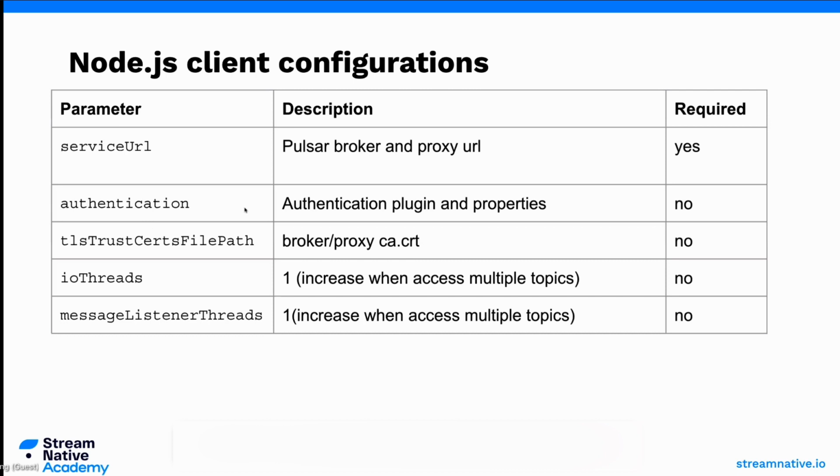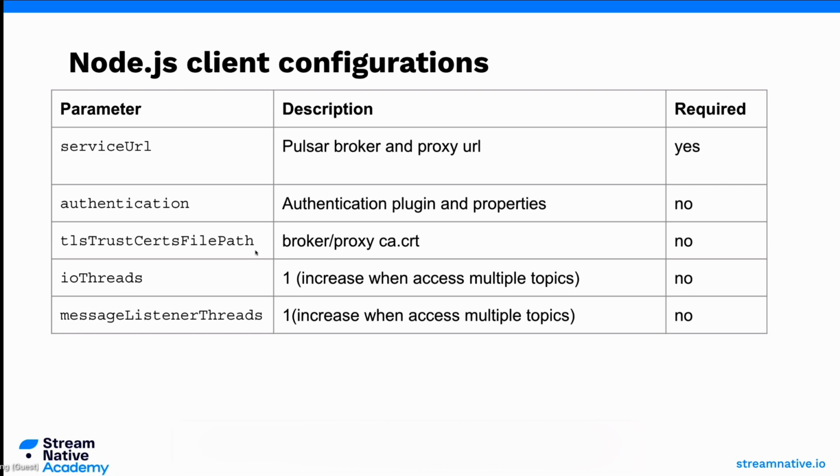Okay, authentication. If you have client authentication embedded, you can use OAuth, you can use TLS, you can use LDAP authentication, right? So you can specify authentication using the authentication property. If you have TLS authentication or a TLS connection, you need to specify this ca.crt, the trust certs file path.